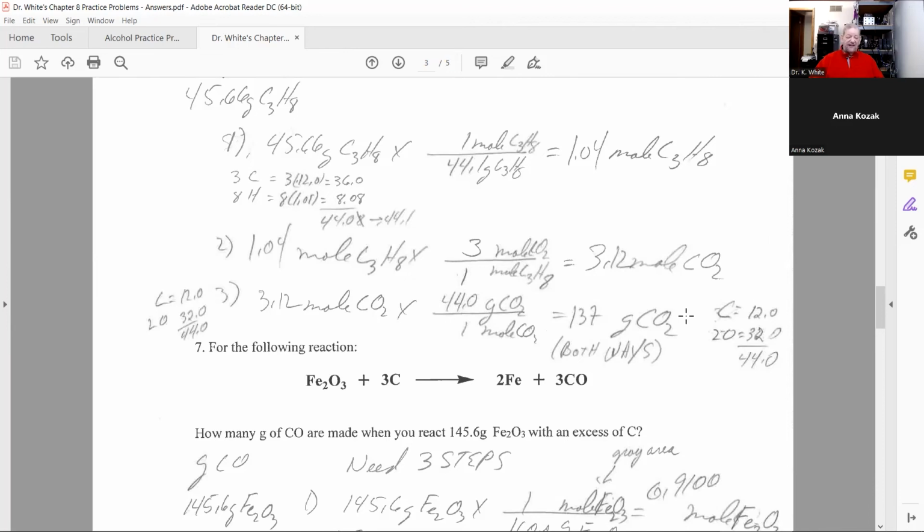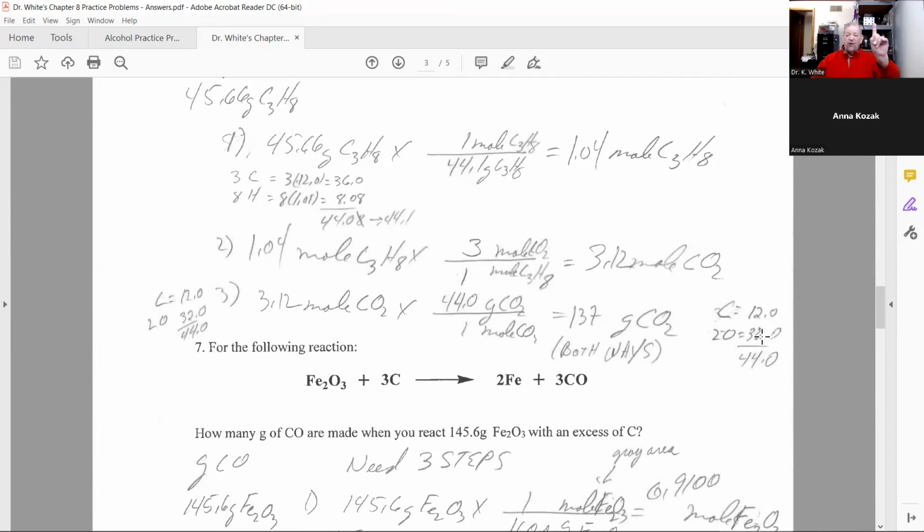I wonder why I did that. It's in stereo. But there's 1 carbon, 2 oxygen. I don't have it here. Each oxygen is 16.0. 16.0 times 2 is 32.0. 1 times 12.0 is 12.0. Add it together, you get 44.0.